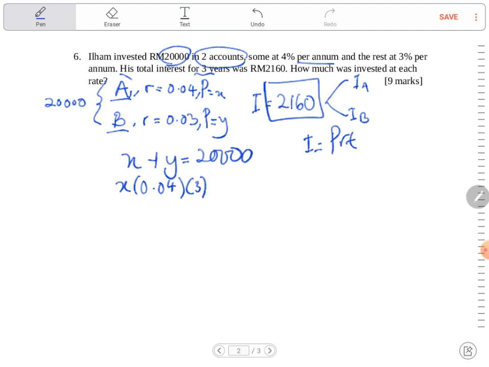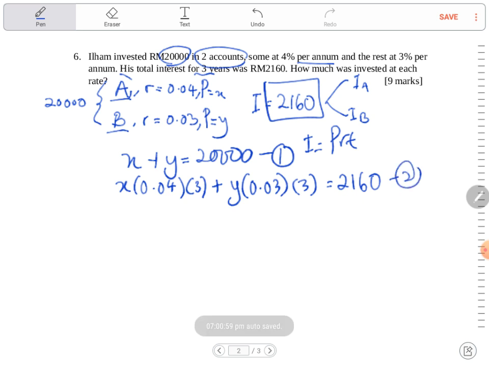This is for account A. For account B, it's principal Y multiplied by 0.03 rate, and T is 3. Okay, why I put plus here? Because the total interest will come out to 2160. So we have the first equation, and the second equation, which can be solved for X and Y.